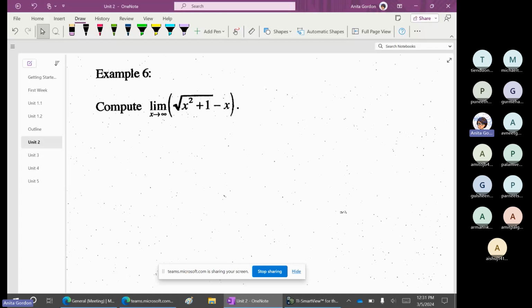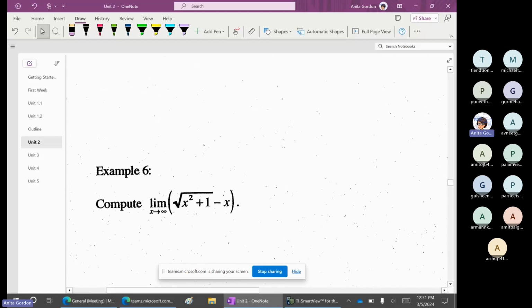No, you're just subtracting an infinity from the rest of the function, minus x. It's going to be a negative number. Your hunch is correct. It's infinity minus infinity.